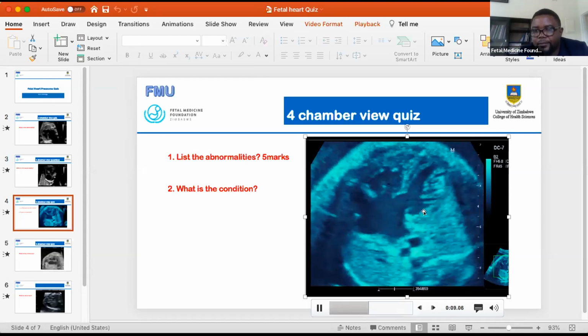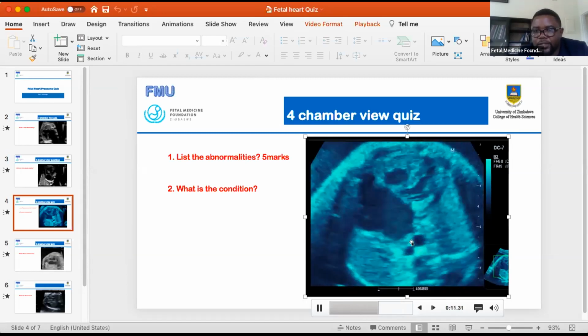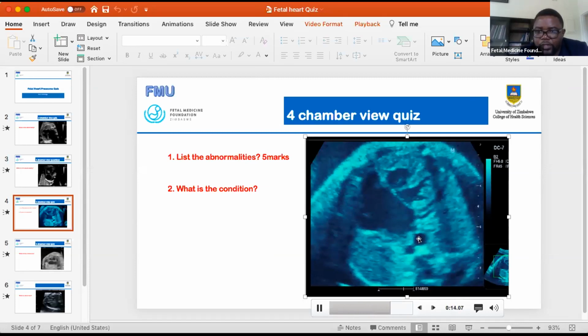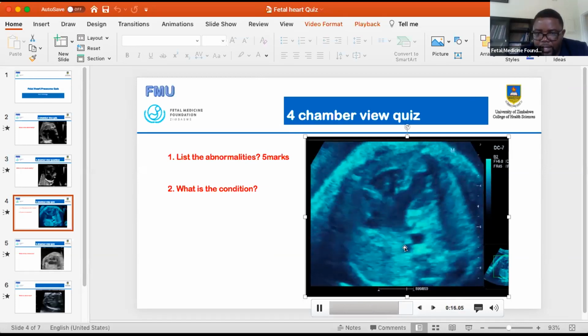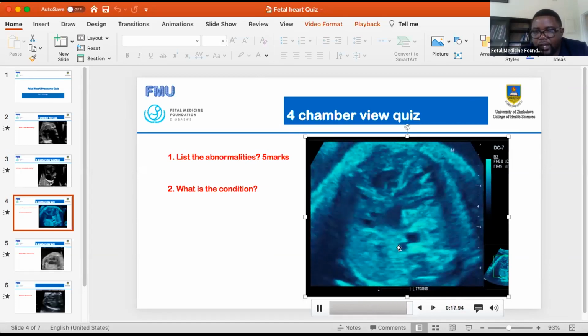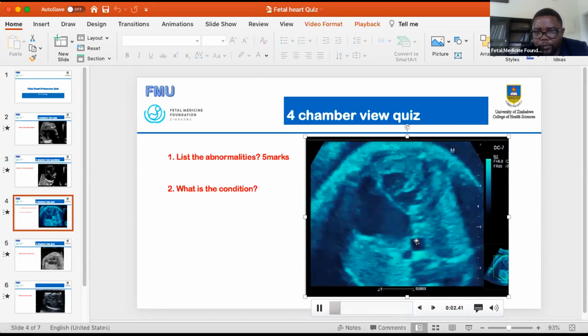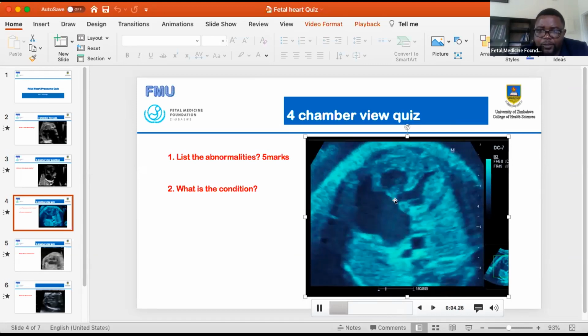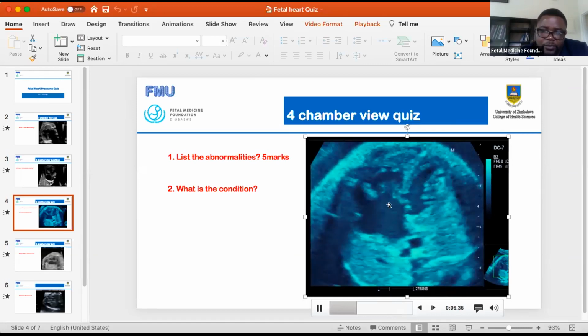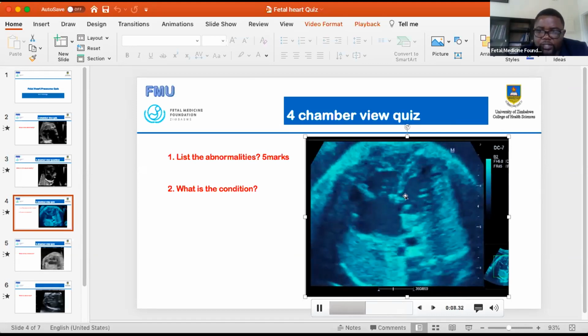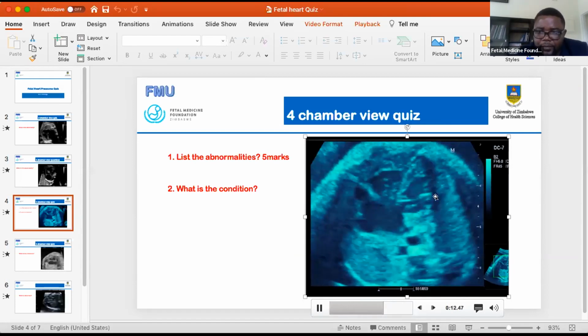And we can see two vessels here. I told you that you should never see two vessels here. The other one was the azygous vein. So there was also interruption of the inferior vena cava for this baby. So our diagnosis for this one was heterotaxy with left isomerism, of course, with all the other defects which I showed.